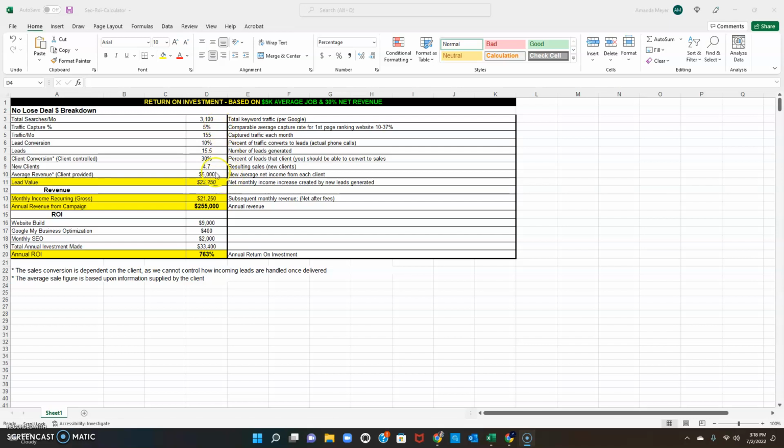Now, what all of this is telling us is that the lead value, with all of these calculations done, tells us that they're going to bring in 23,250 in lead value. Now, this figure here factors in their monthly SEO cost, and this is their net, right?